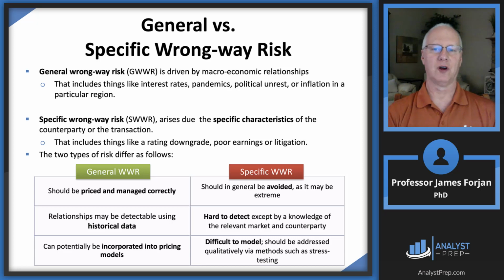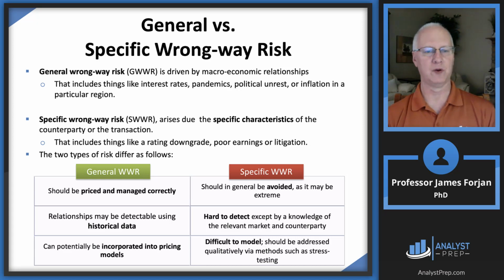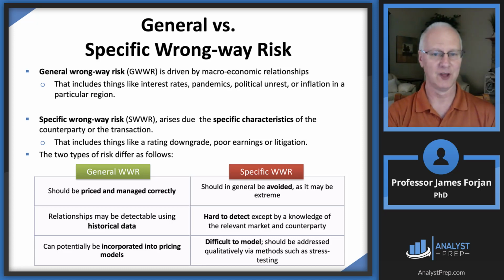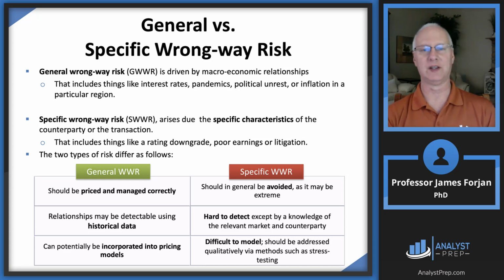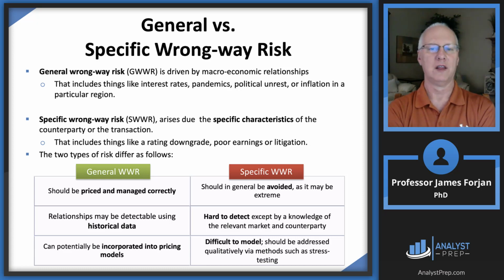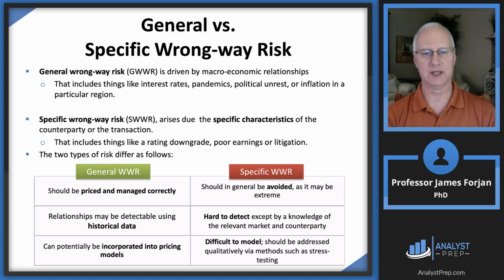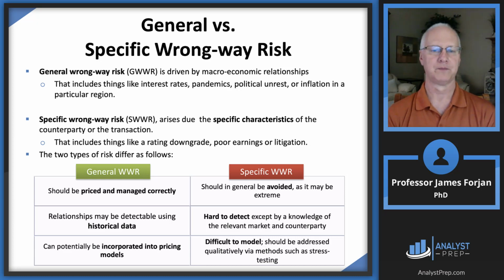All right, so back to our conversation about identifying the risk, quantifying the risk, and managing the risk. If we have these general wrong way exposures, then what we need to do is quantify these correctly, right? So we have to have a good model, and then we have to manage them correctly. We need to enter into the correct derivative contract with the terms outlined so that they meet our specific needs.